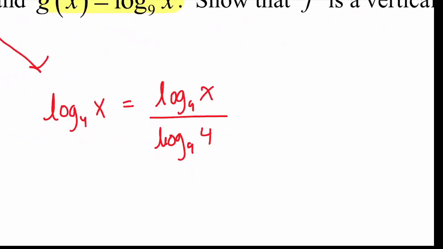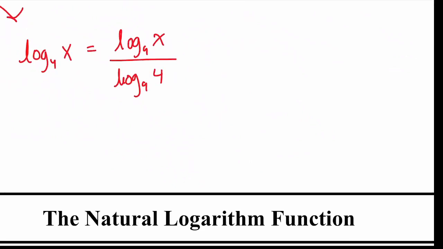This next step might feel really weird, but it's going to be the same thing as this, okay? If I ever said x over 2, do you guys agree that's simply just 1/2 x? The same idea applies here. This can be rewritten as 1 over log base 9 of 4 times log base 9 of x.